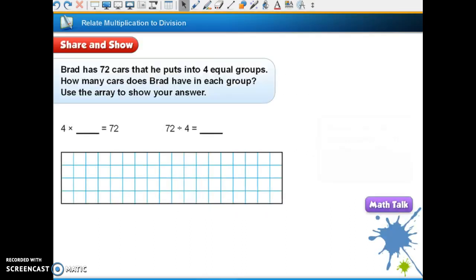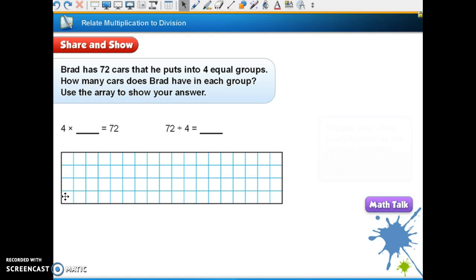Okay, now we're on the share and shown. Brad has 72 cars that he puts into 4 equal groups. How many cars does Brad have in each group? So we're going to have an array, and there are going to be the 4 groups, 1, 2, 3, 4, and so we would divide that equally to see how many 4s in 72, or we could break that down.